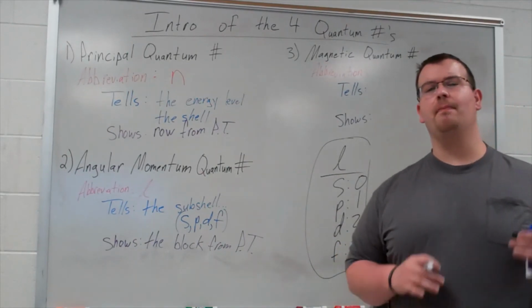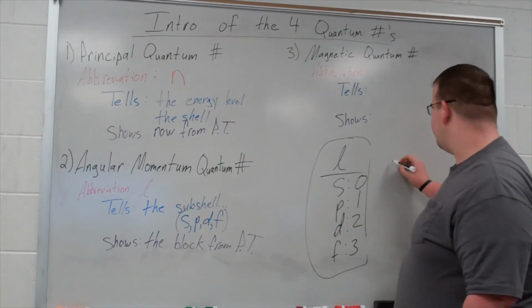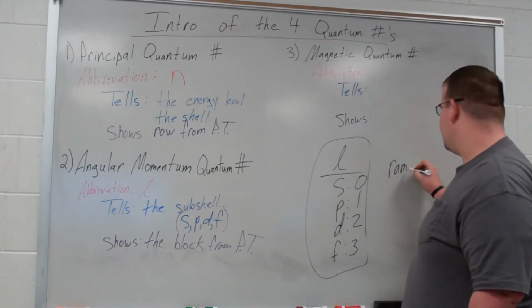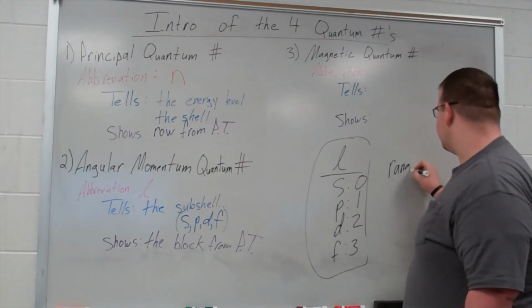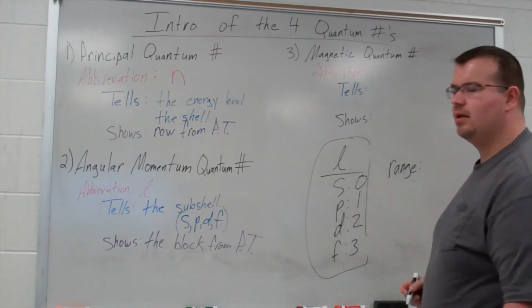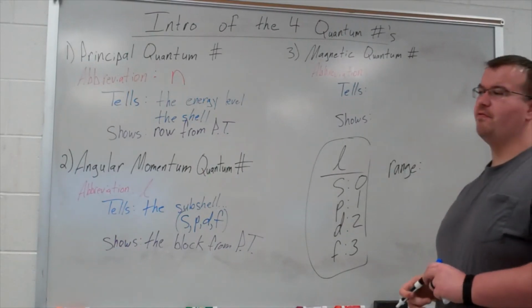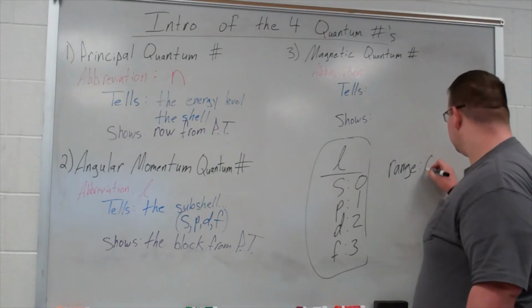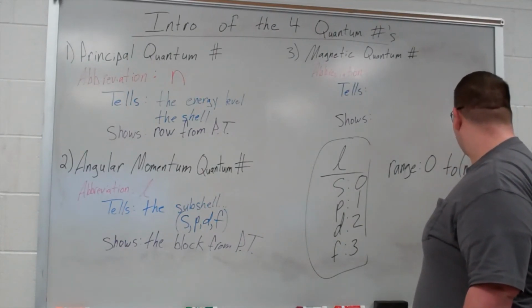Now if you're looking at a possible range, this is where the range for l, the angular momentum quantum number, comes in. The range will always be defined to be from 0 to n minus 1.